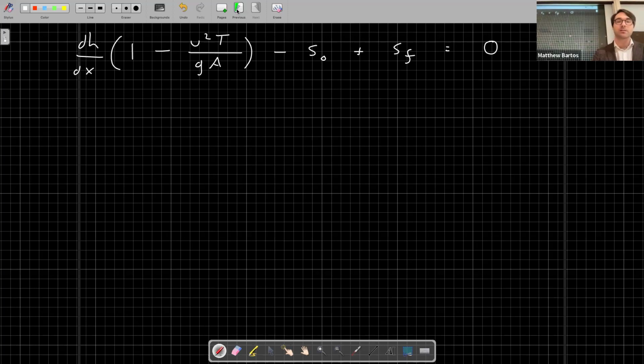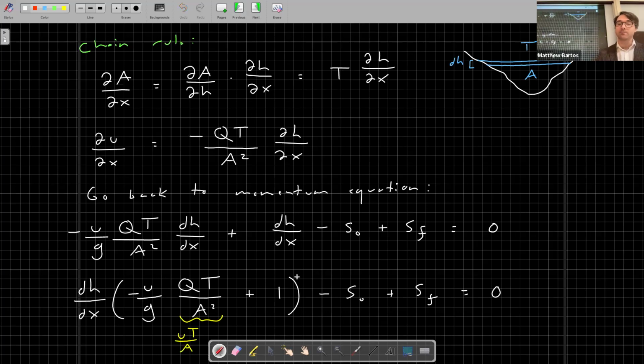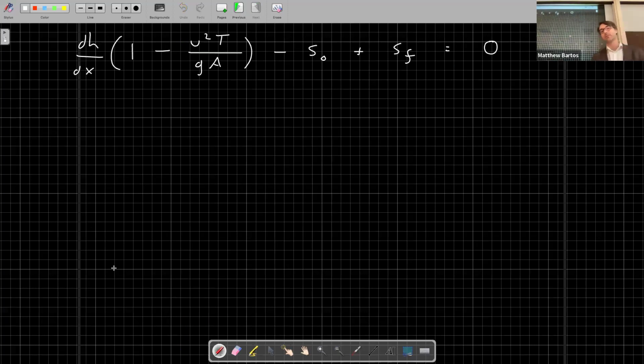Note that for this expression here, I just switched the order of these and I multiplied these two terms together. So what is this term right here? Does that look familiar?